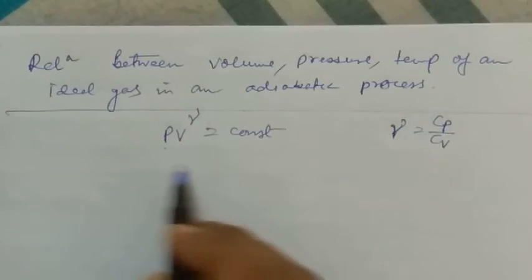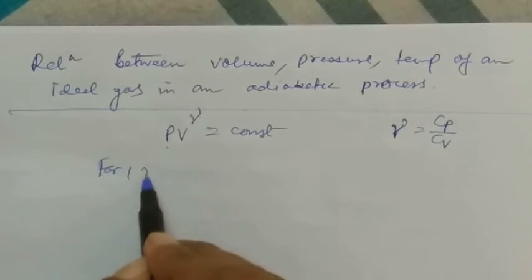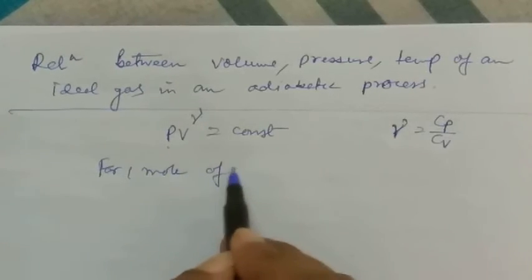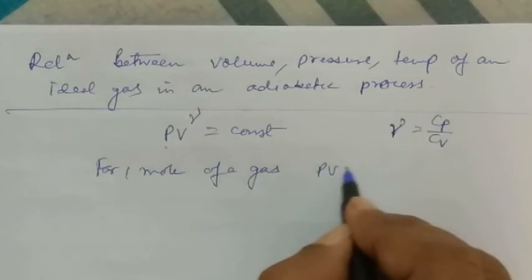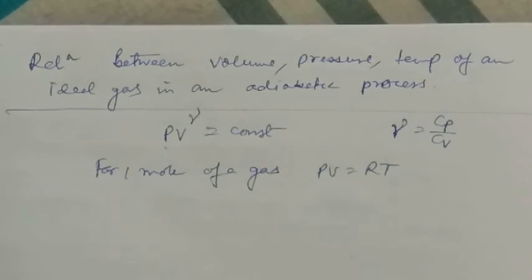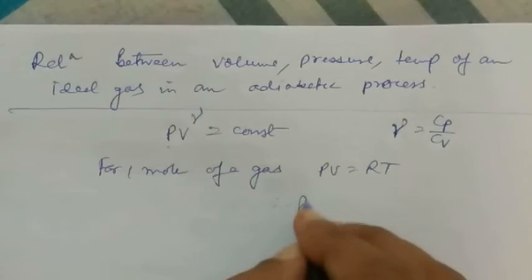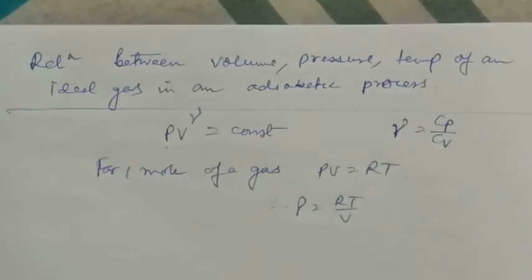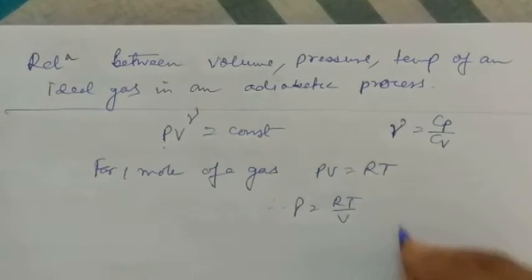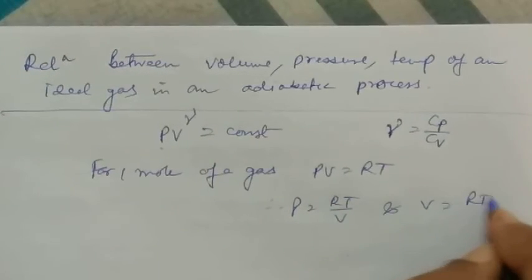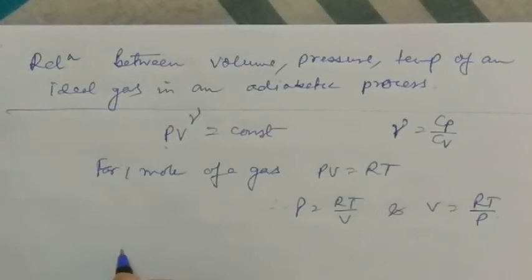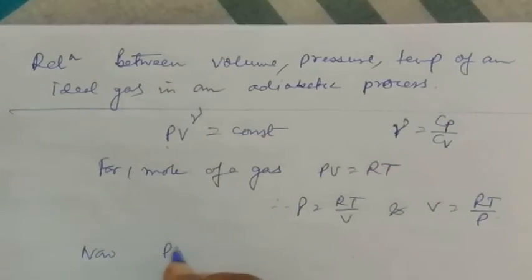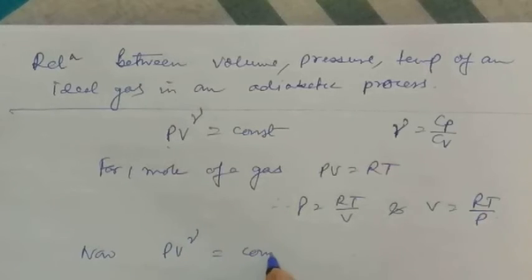Now, again we take 1 mole of a gas, PV is equal to RT. Here P is equal to RT by V, similar derivation, and V is equal to RT by P. So we get two things here. PV to the power gamma is equal to constant.